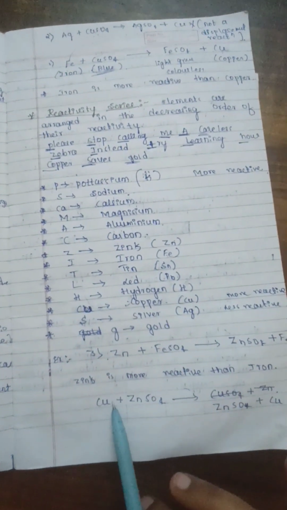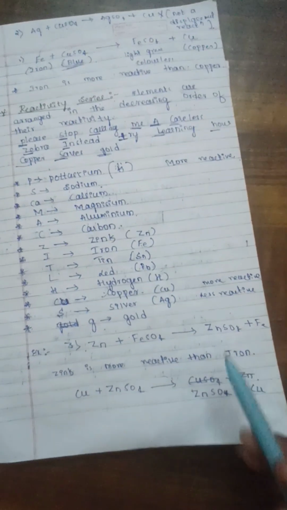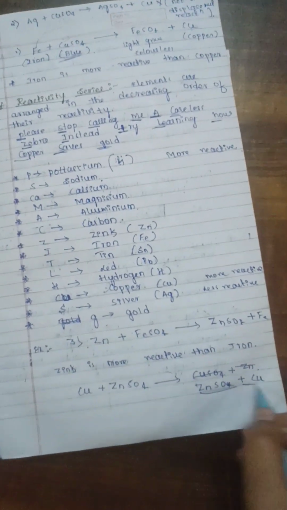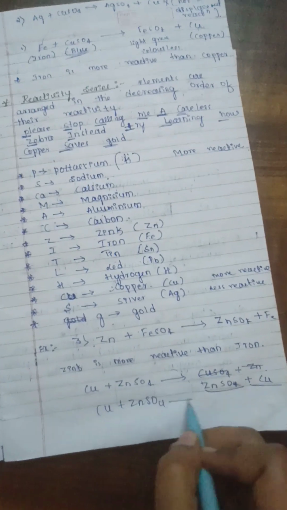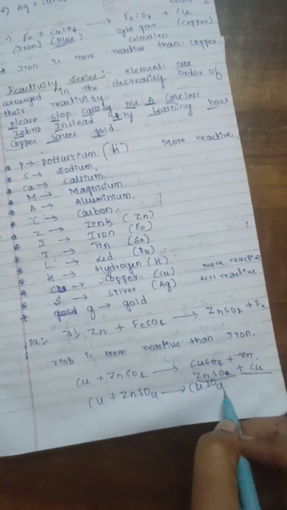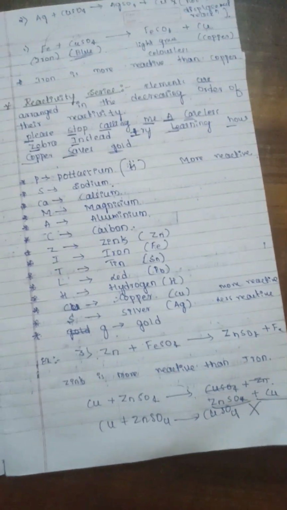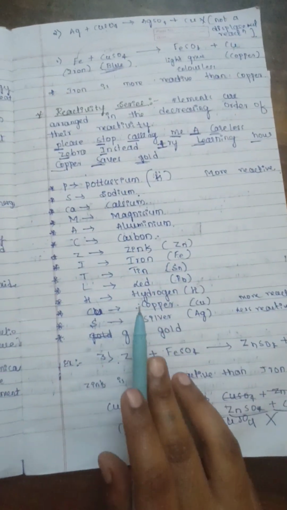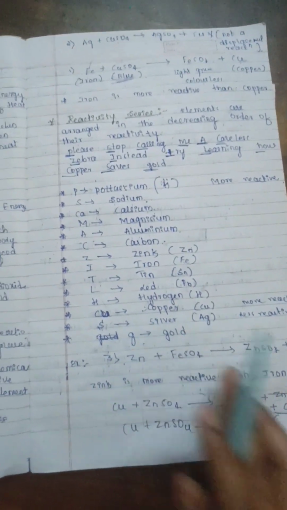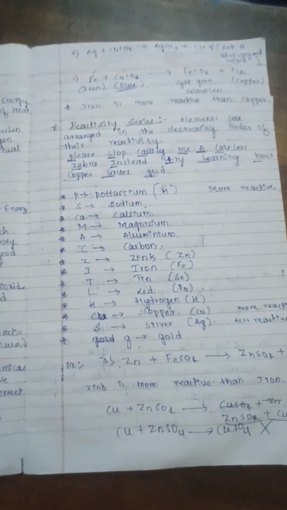No, it cannot displace. So you will get it as it is, ZnSO4 and Cu. You cannot get CuSO4. This reaction is wrong because copper cannot replace zinc, because zinc is more reactive than copper. I hope you have understood about the displacement reaction.